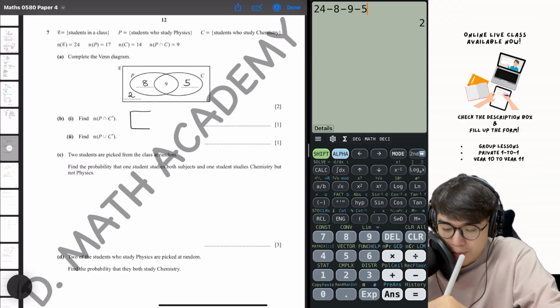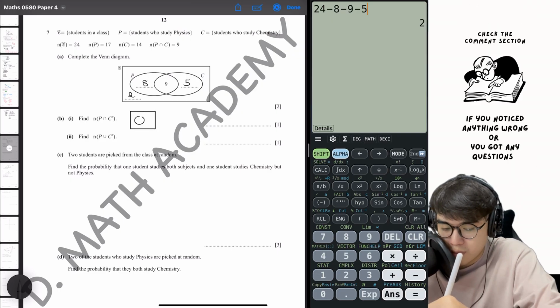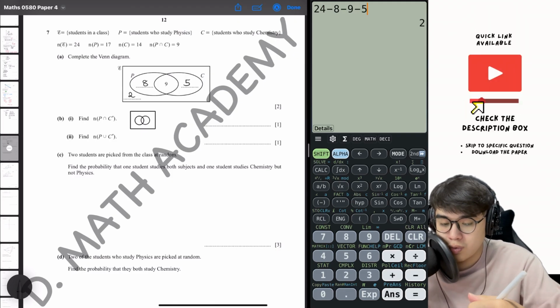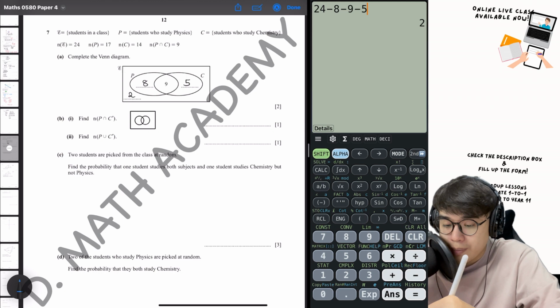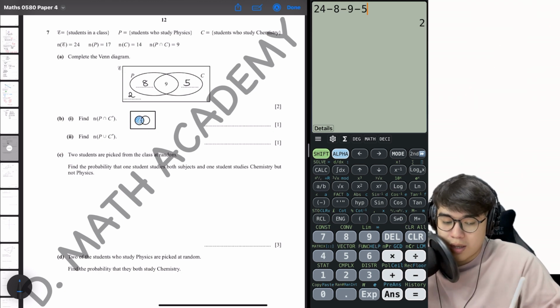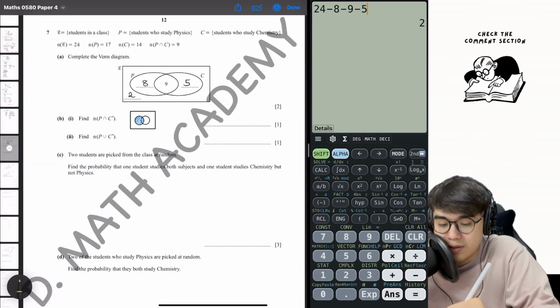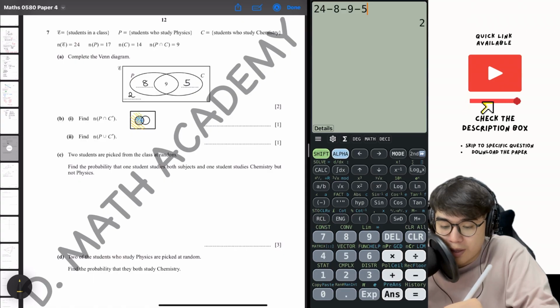Next part. Some students do struggle when it comes to identifying this. So what I normally do is I use a different set of color. P is this whole thing here, and intersect with everything other than C. So everything other than C are this part that I'm shading right now.